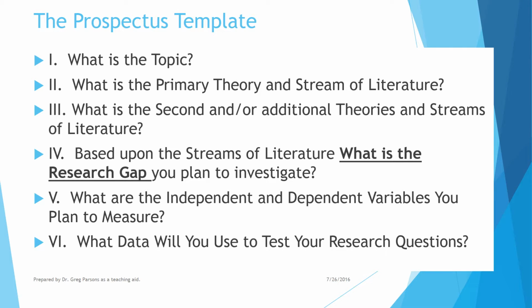We understand more about what this theory is saying than we did before. Okay, so those are the most important things to do, the number 2, 3, and 4. And then as you move into the proposal stage, you're going to have to get more specific with what specific variables are going to be measured and also what data will be used to test the hypotheses.